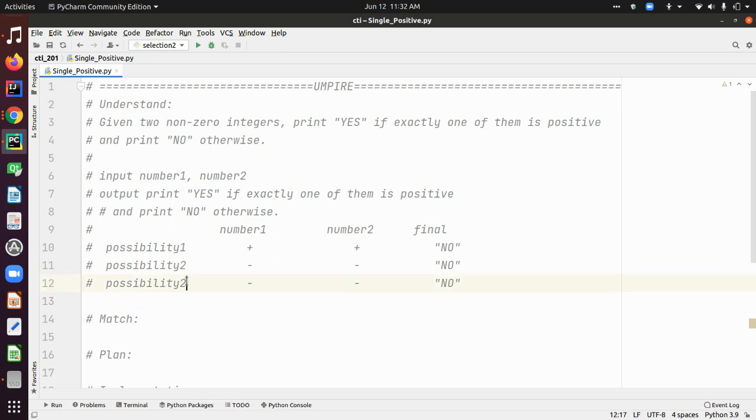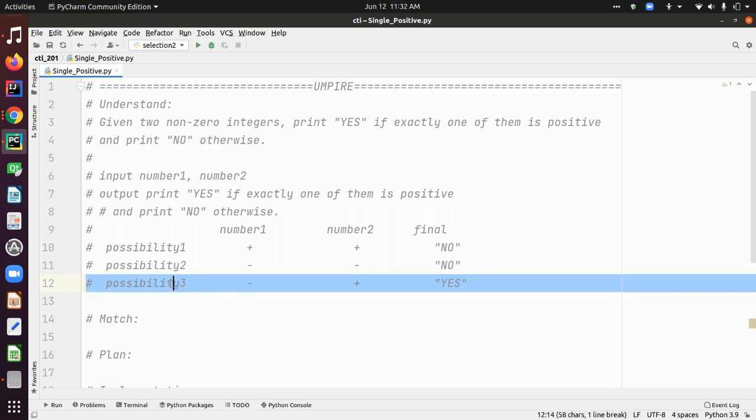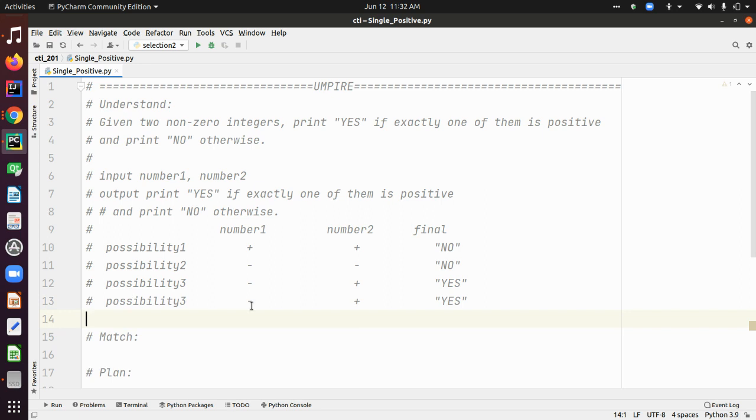Possibility 3: this can be negative and this could be positive. In this case, it's a yes, so we need to print yes. And the final possibility, possibility 4: this is positive, this is negative, and it's a yes too.